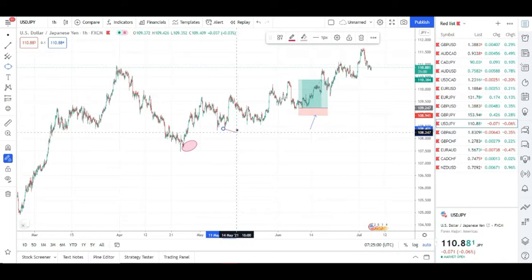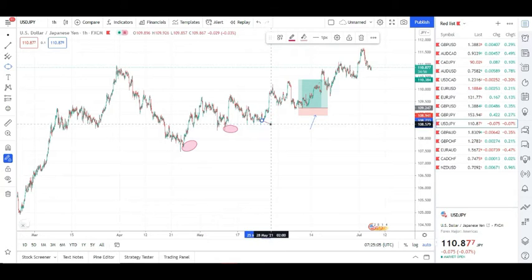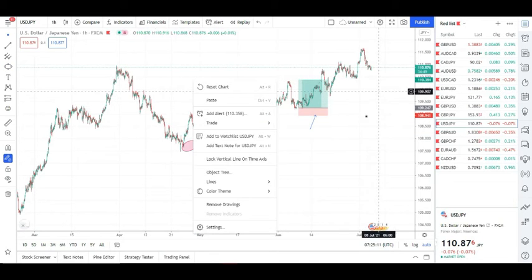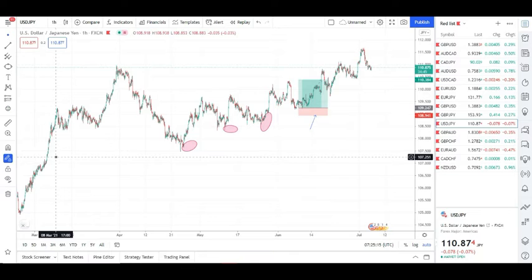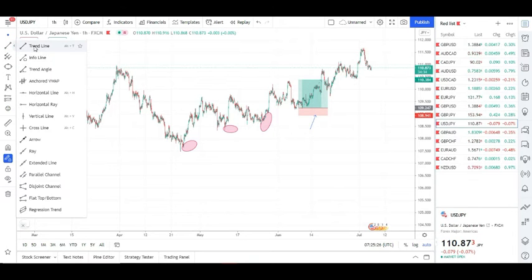This is a higher high, this is a higher high, and another one, and so forth. So we can connect these. Where do you get a trend line? If you go to the main part here, you can find this little thing here, that's where you find the trend line. So that's what we call a trend line.